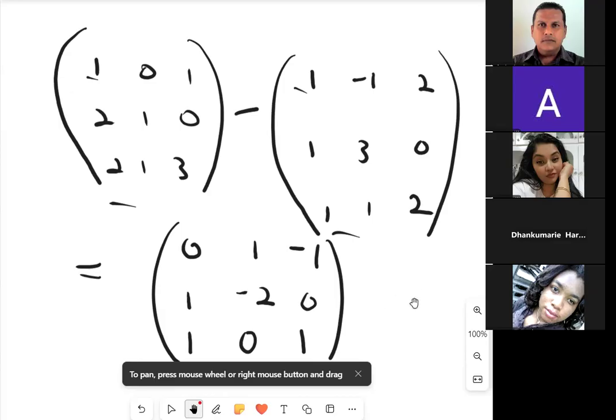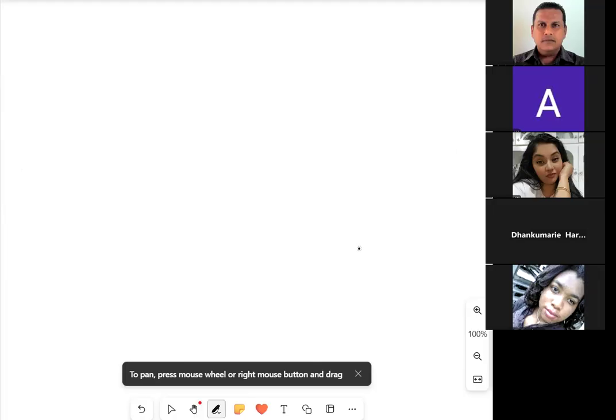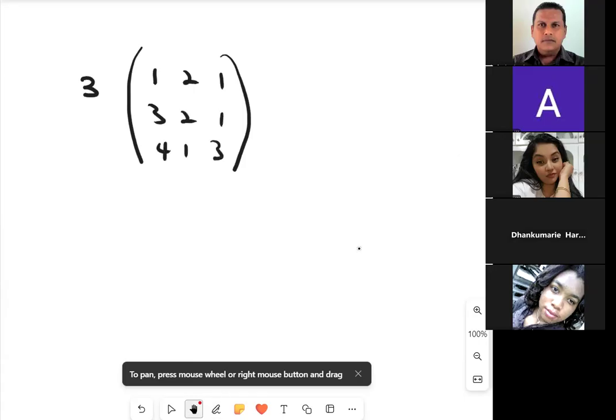Good. So let's go to a little bit of multiplication. You have a scalar outside there, and you have a matrix in here. You multiply the scalar by every number in here.